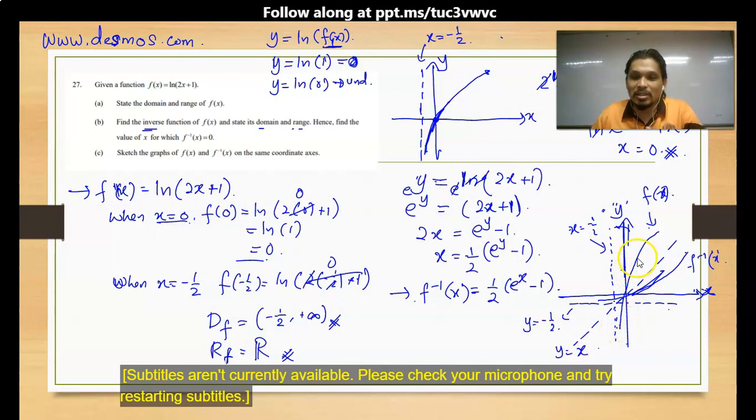So this is a graph of f(x), this is the line of reflection, the mirror, and this is the graph of f inverse.